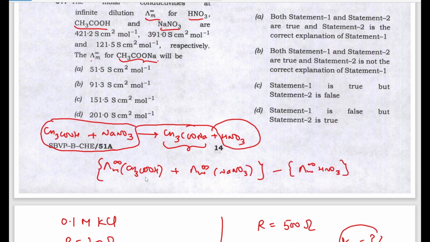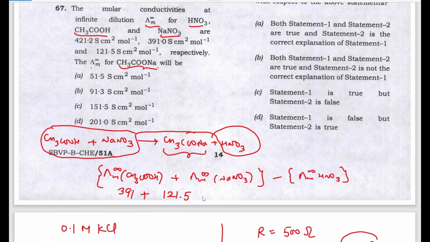The value is 391 for acetic acid, and for sodium nitrate it is 121.5, and we have to subtract the value for nitric acid, that is 421.2. After calculating we will get 91.3 Siemens centimeter square mole inverse as the final answer. So B is the correct option in this question.